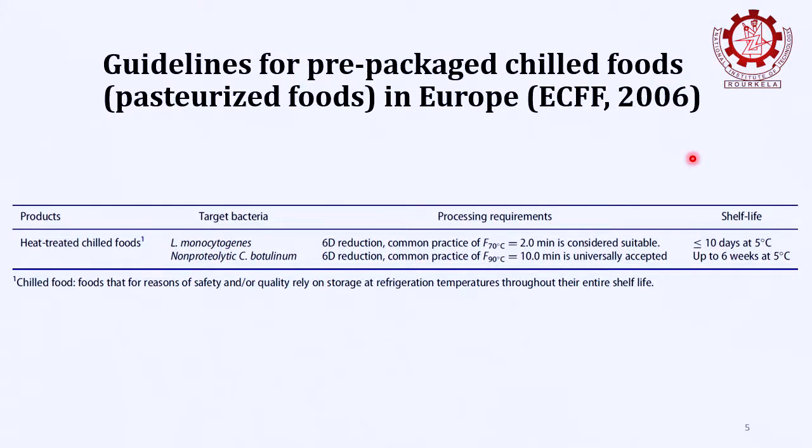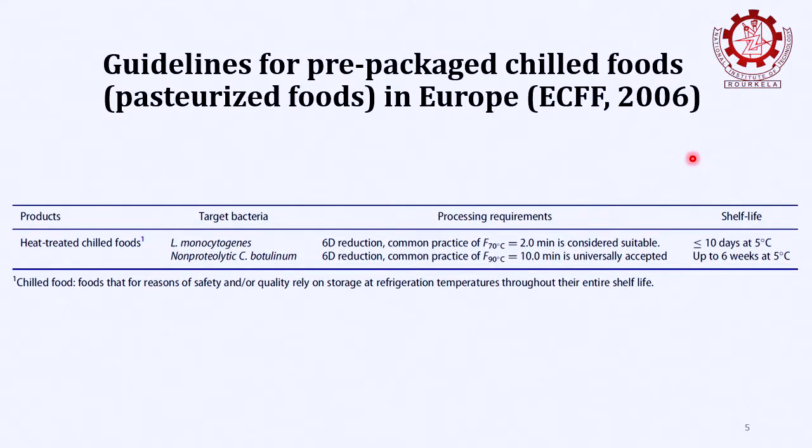If you design a process where you target Listeria, you are not killing anaerobic spores such as C. botulinum, right? Even though the product quality, physical and chemical quality or nutritive value, may still be there beyond 10 days at 5 degrees C, the anaerobic spores have survived the process of 70 degrees C, 2 minutes.